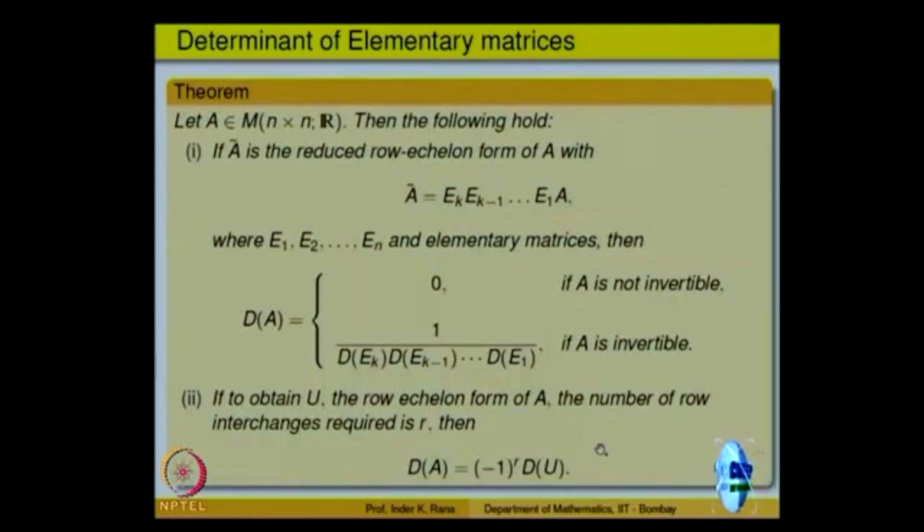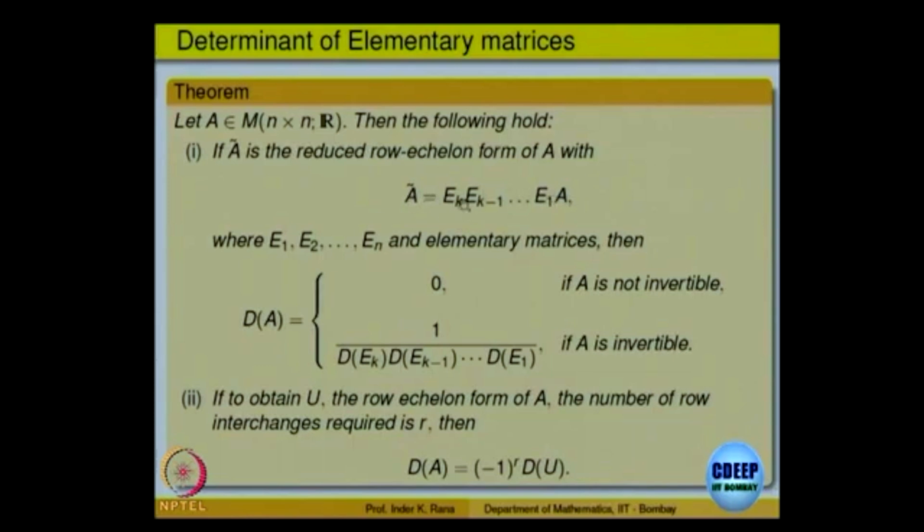Okay. Now let us come to consequences. Suppose a matrix A is changed by row operations to A tilde, the reduced row echelon form of A. Then what will it look like? Some elementary matrices multiplied by A, right? That we have seen. So what will be the determinant of A tilde? That is the determinant of the right hand side.